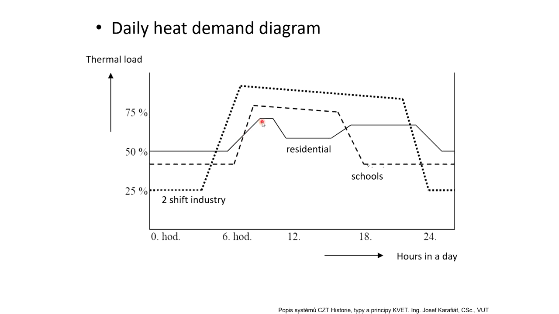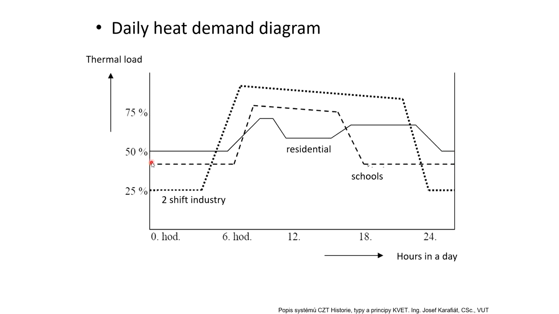Then in the morning, where some life in the house or houses begins, you have demand for more heat, especially due to utility hot water. That goes to the noon, then some decrease, and then during the evening again increase before the end of the day.